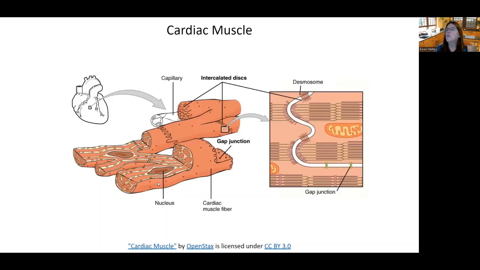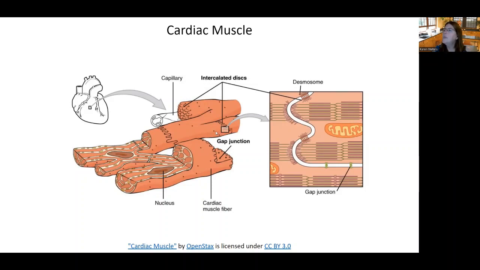So here's a little closer look. If we zoom in on a cardiac muscle cell, you see how they're branching. They have a nucleus, but right here we have this connection between the cells. These are called intercalated discs.